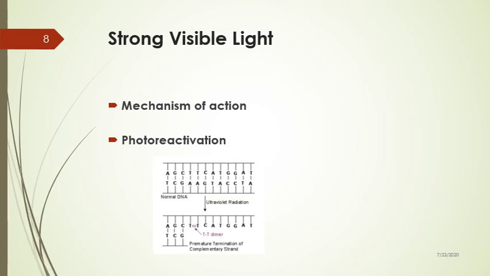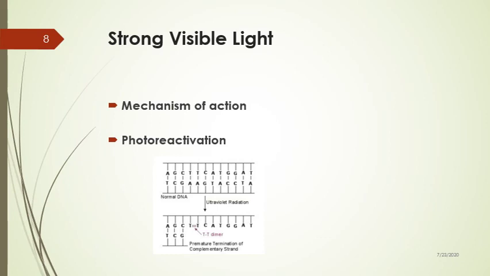However, most of the damage from UV radiation actually comes from the cell trying to repair the damage to the DNA by a process called SOS repair. In very heavily damaged DNA containing a large number of thymine dimers, SOS repair is activated as a last-ditch effort to repair the DNA.